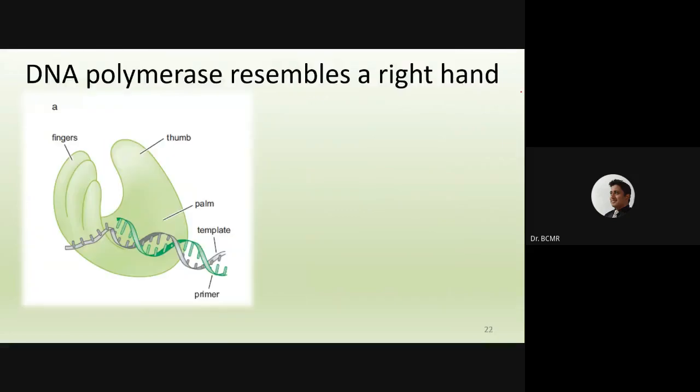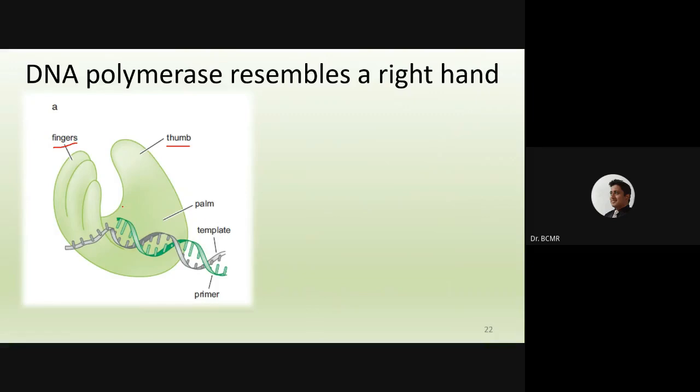This is typically how DNA polymerase is represented for the sake of understanding. You can take your right hand and close it like this: on one side you would have the thumb, and the other four fingers would be on the other side.